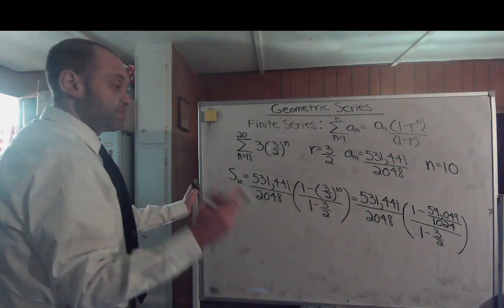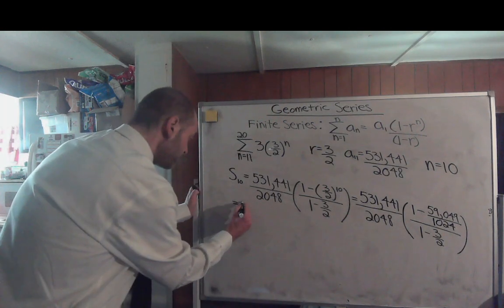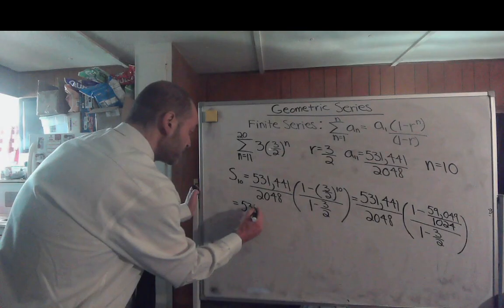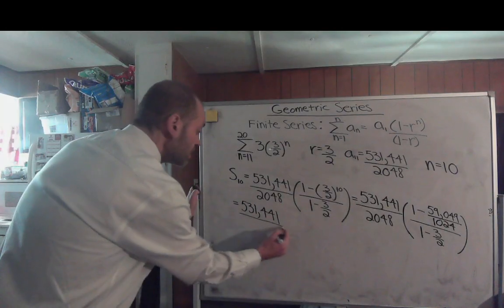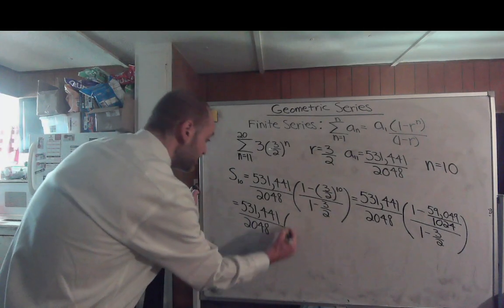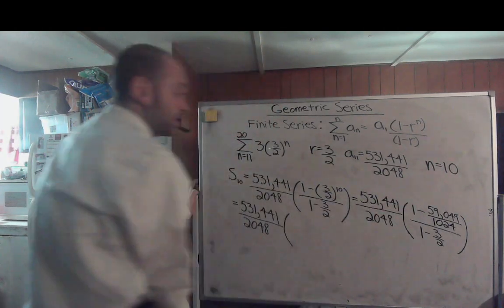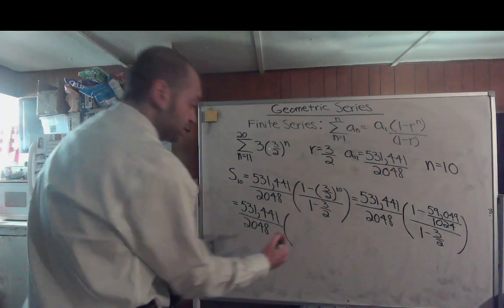Which is going to then equal 531,441 all over 2,048 times, let's simplify, let's get the same denominator in both the numerator and denominator.